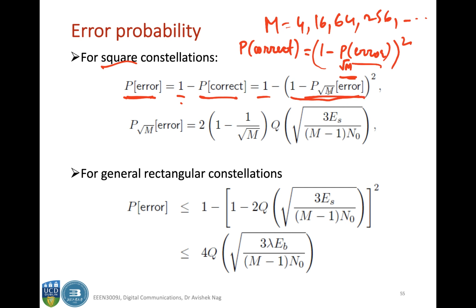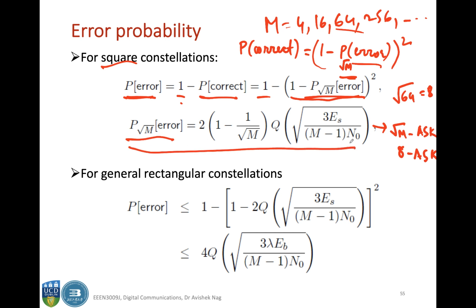So this is a square root of M-ASK, and for square root of M-ASK, if you go back to the lecture notes of your ASK, M-ASK, so this is basically square root of M-ASK. And so if your M is, let's say, 64, then you have to find out the expression of square root of 64, that is 8, the expression of probability of error for an 8 ASK, and the probability of error for a general square root of M-ASK is this.